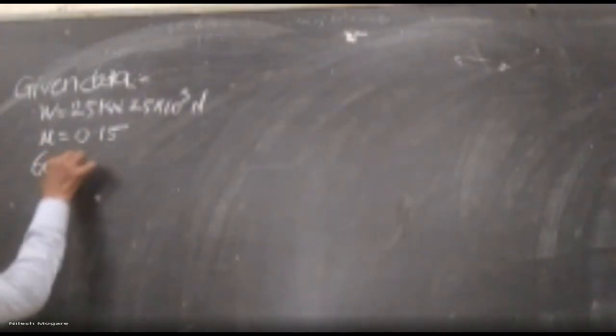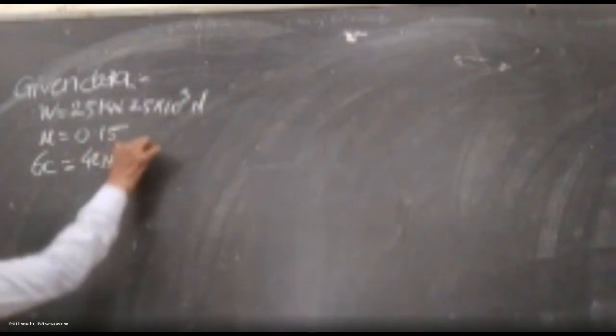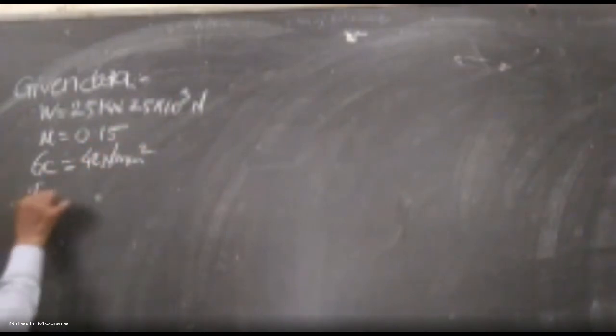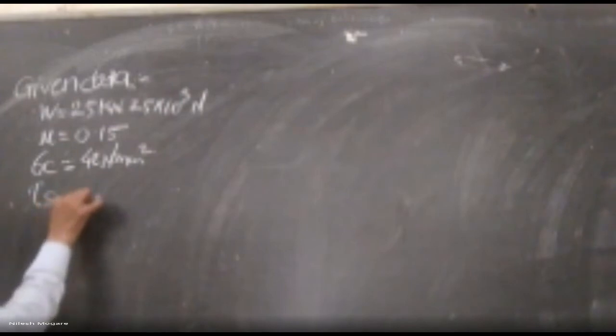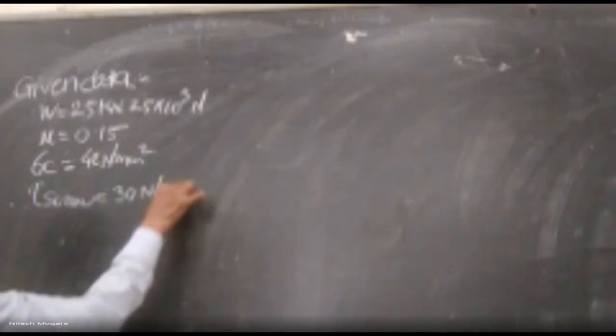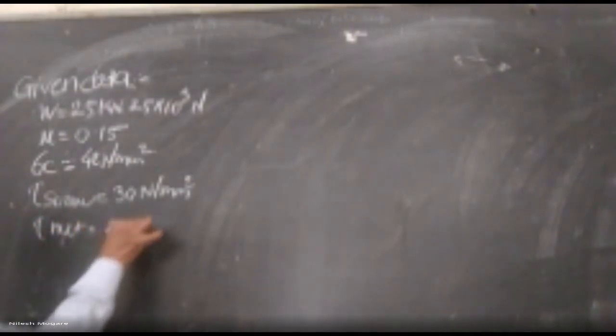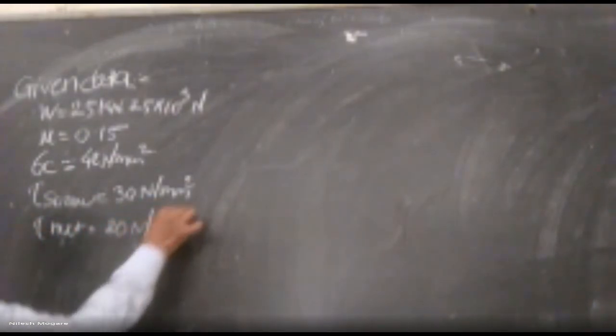After that, sigma c, the crushing stress, is 42 Newton per mm square. Then shear stress for screw is 30 Newton per mm square, and shear stress for nut is equal to 20 Newton per mm square.